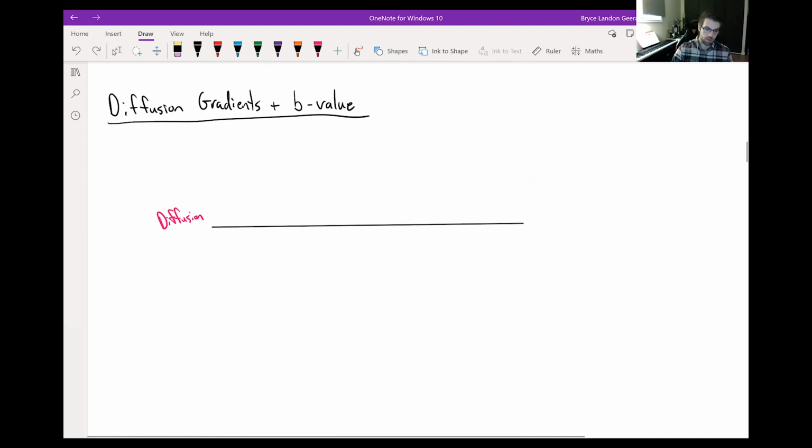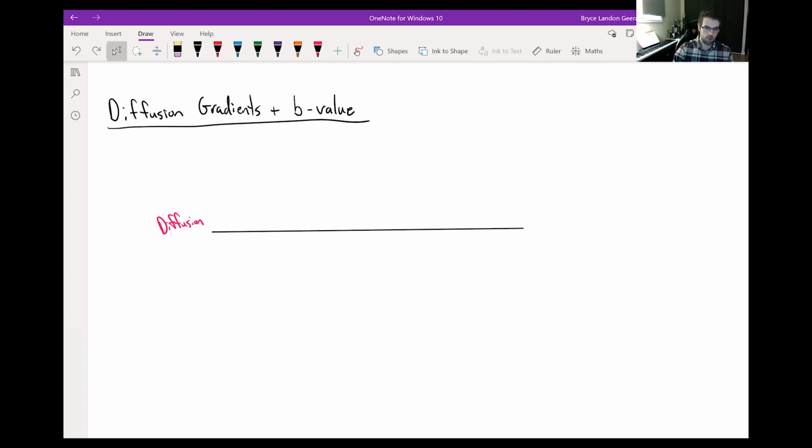But let's talk a little bit more about our diffusion gradients to drive home how they actually function and how we determine our sensitivity to diffusion. So I'm just going to draw out our two lobes here a little bit larger and say there's a couple key features of our diffusion gradients.